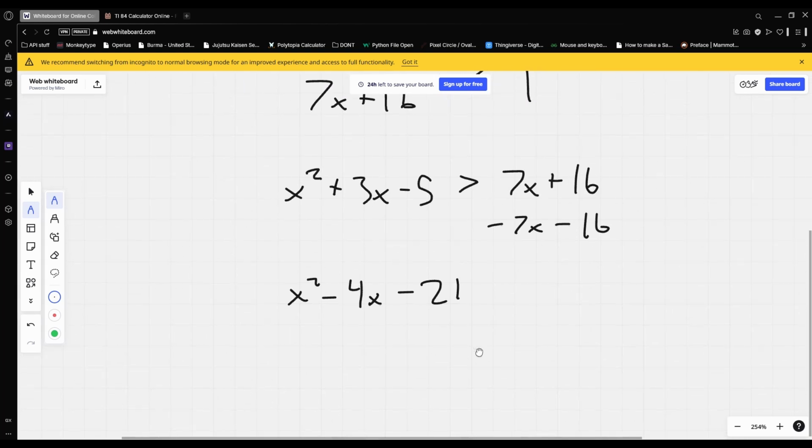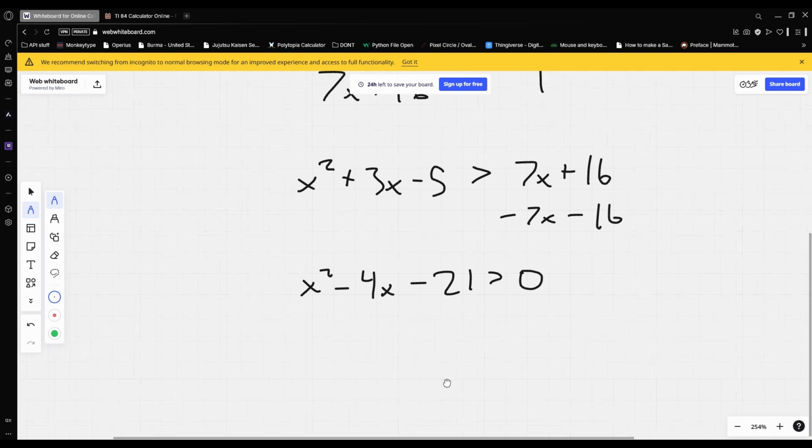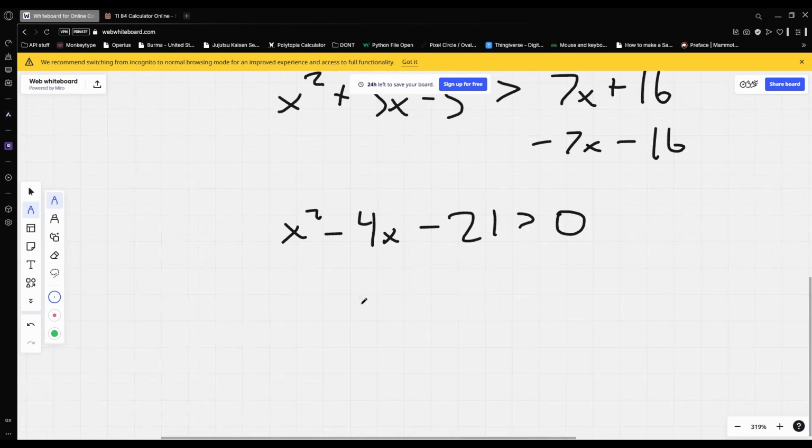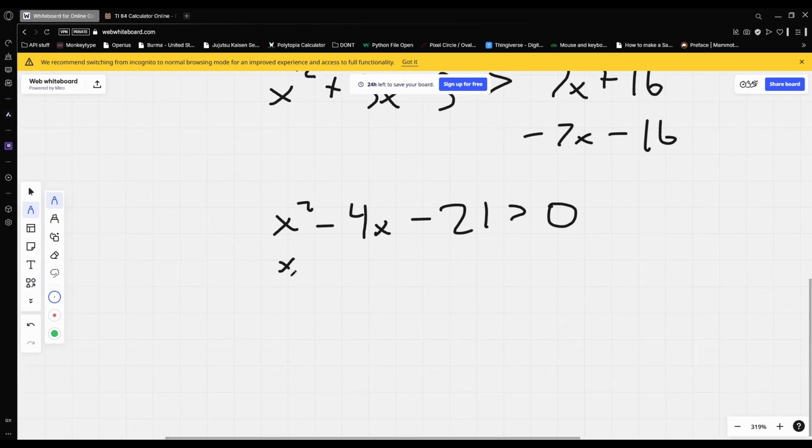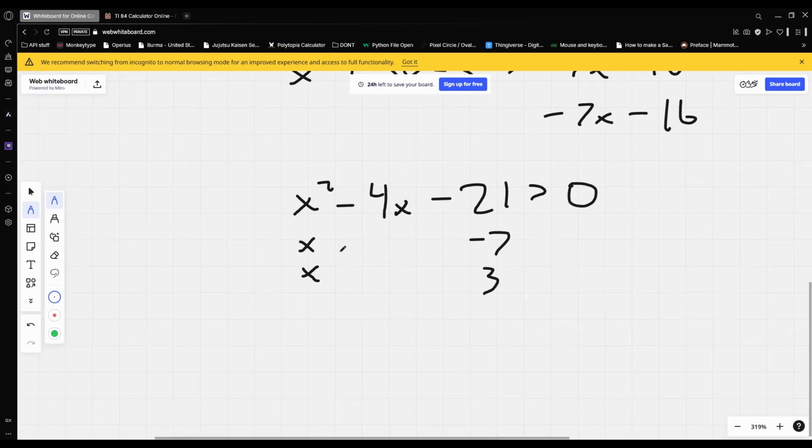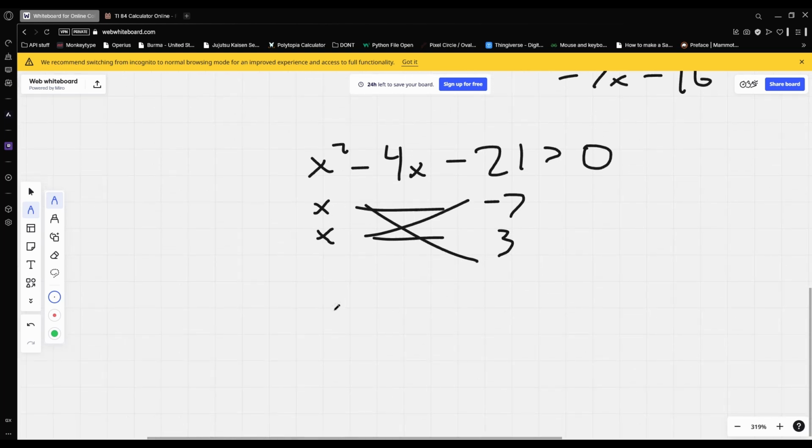So now I solve for this. This is greater than 0. I believe we can factor. 21 is comprised of negative 7 and 3, and it doesn't really matter the order here. x minus 7, x plus 3, greater than 0.